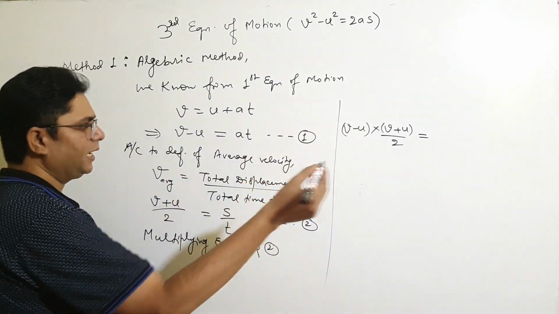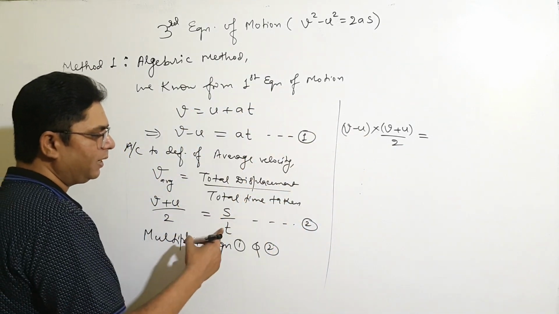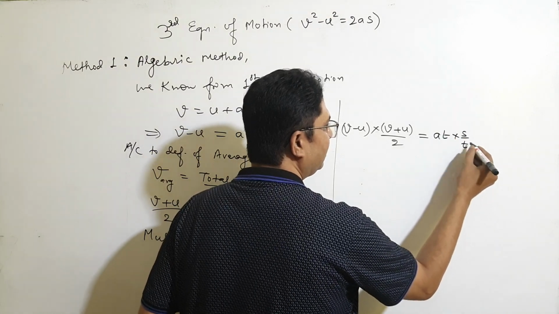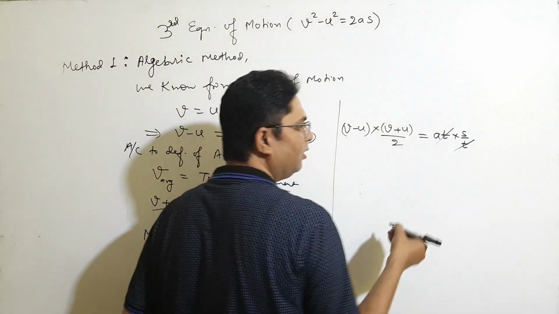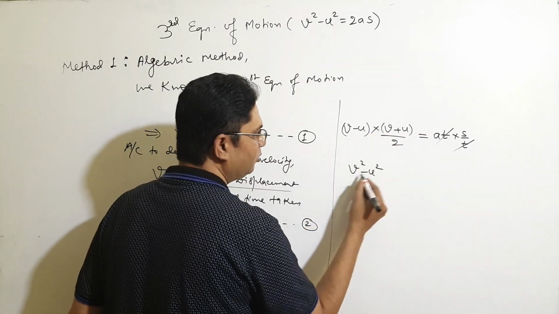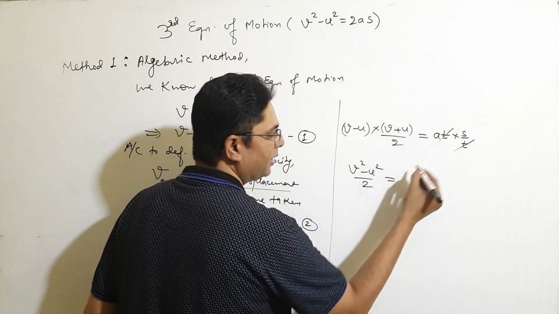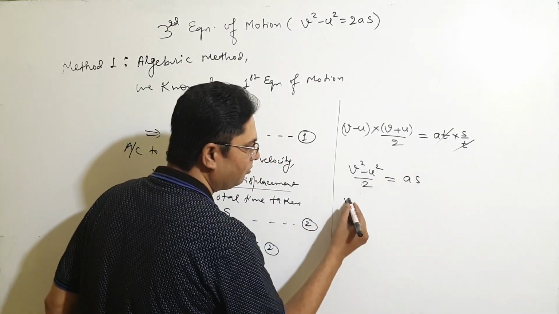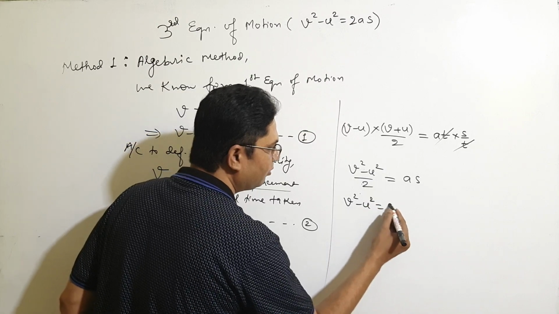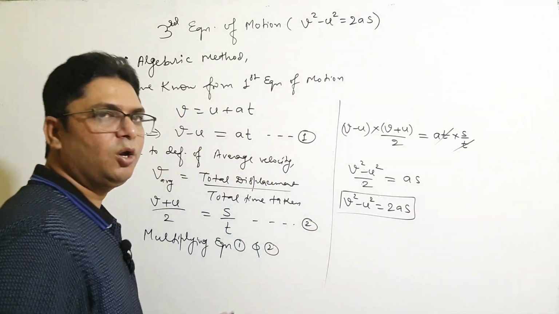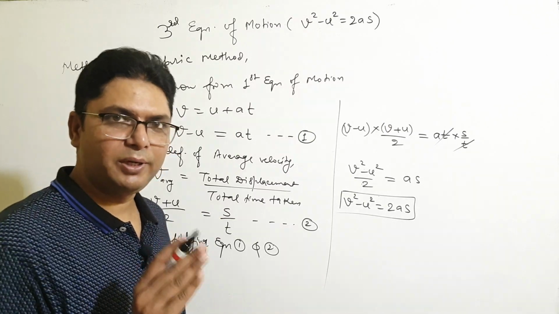On the RHS, you have at into s upon t. This t will cancel out. On the LHS you have v square minus u square upon 2, and on the RHS you have as. Cross multiplying 2, you have v square minus u square equals 2as. Thus you obtain the third equation of motion algebraically.